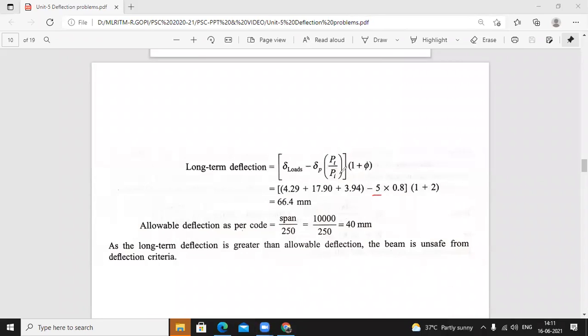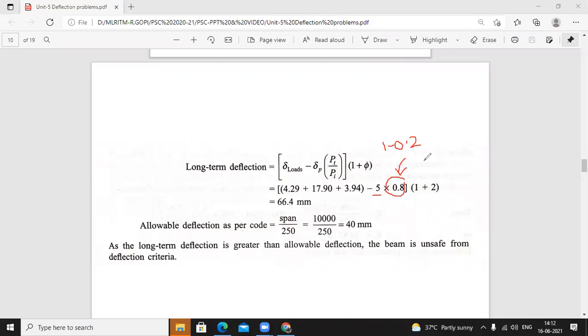Next, loss ratio. In this question, they have given the loss percentage as 20%. So what is the remaining thing? The ratio is 1 minus 0.2, which gives 0.8.